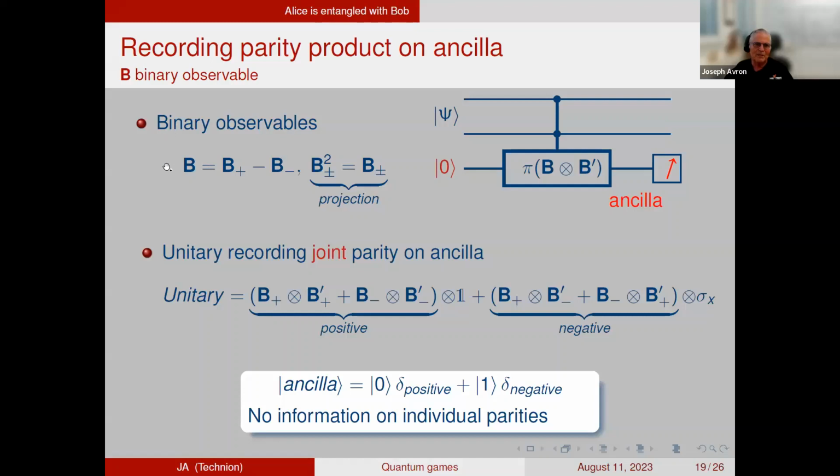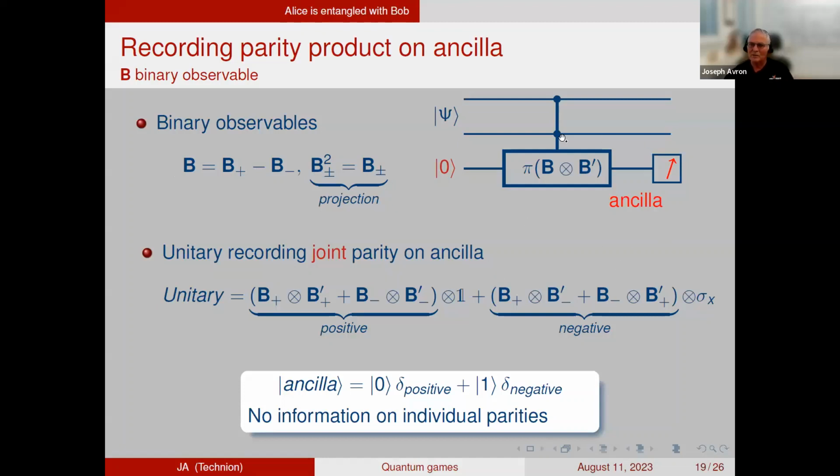Since B is binary, so it has eigenvalue +1 or -1, I can write it as B plus minus B minus, where B plus is a projection on the plus eigenvalue, and B minus is a projection on the minus eigenvalue. Since these are projections, the square of B plus or minus is the same as B plus or minus.